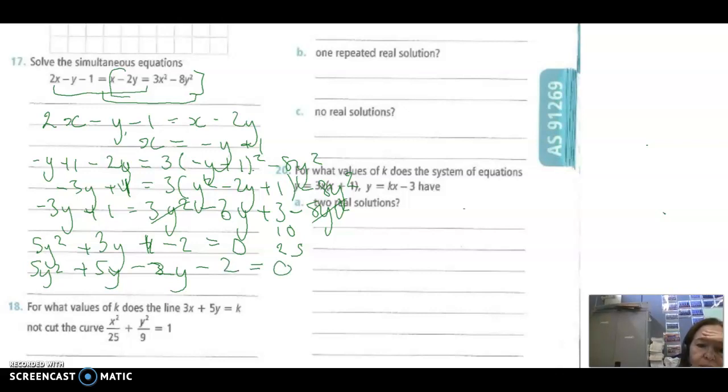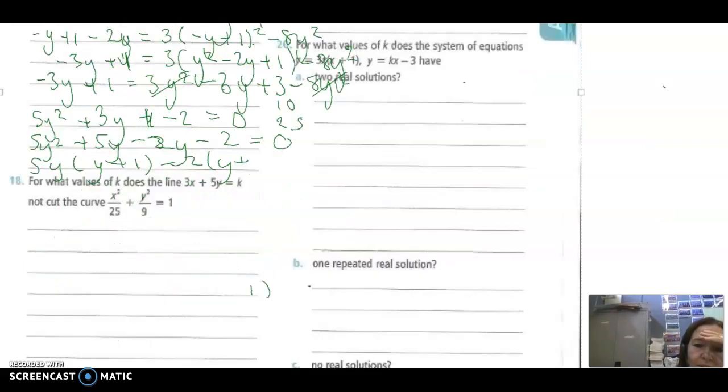And then I'm going to factorize out my 5y, y plus 1 minus 2, y plus 1 equals 0. So I can factorize out my y plus 1.